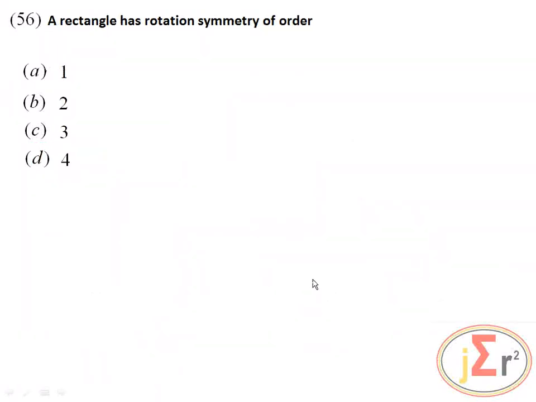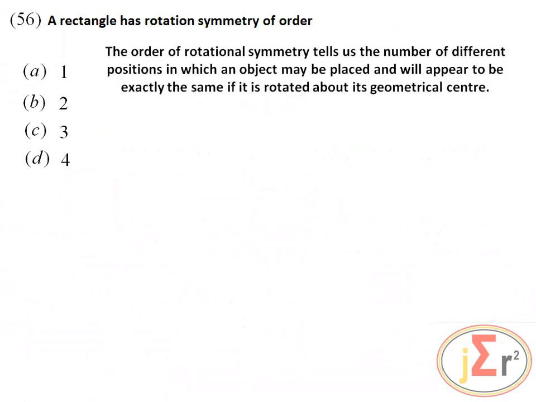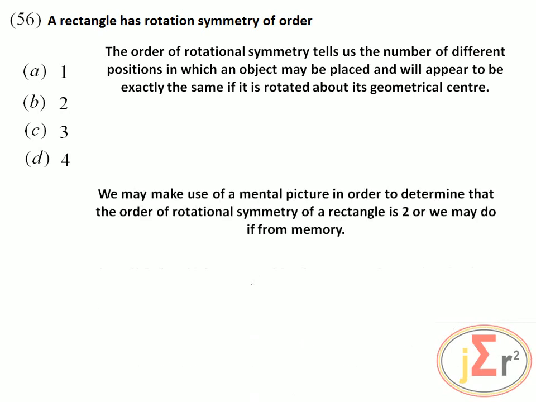A rectangle has rotation symmetry of order 1, 2, 3, or 4, which is correct. The order of rotational symmetry tells us the number of different positions in which an object may be placed and will appear to be exactly the same. That is, if it is rotated about its geometrical center.